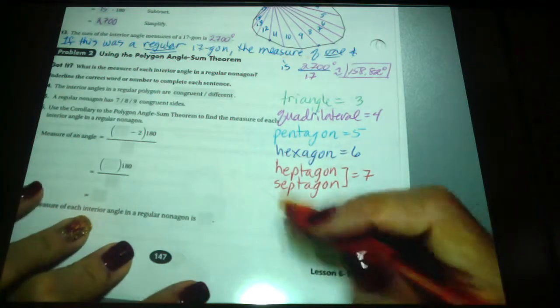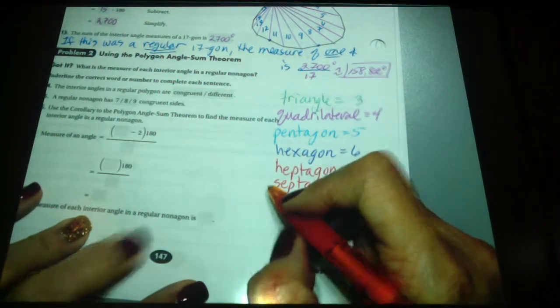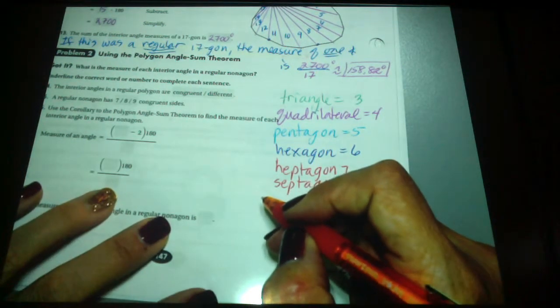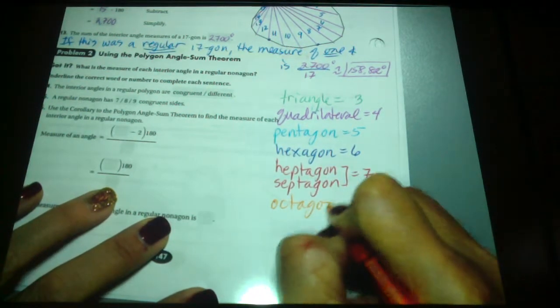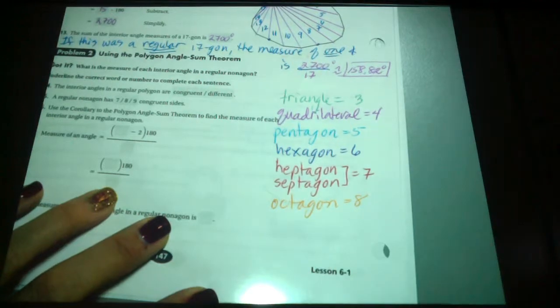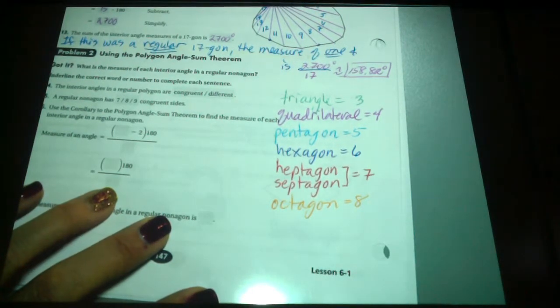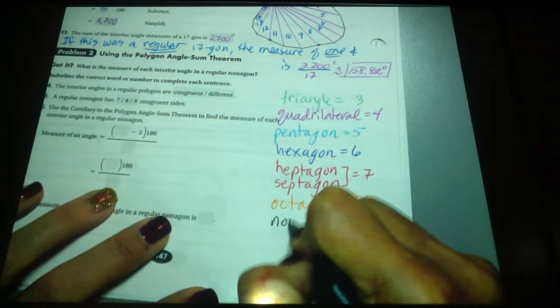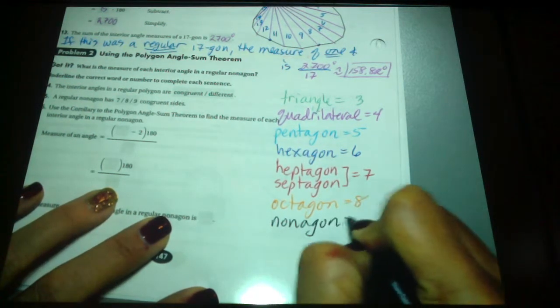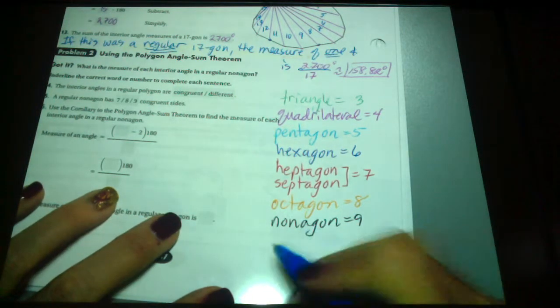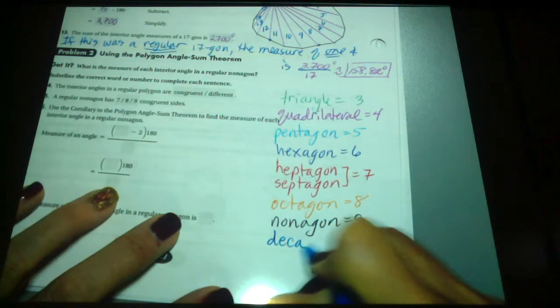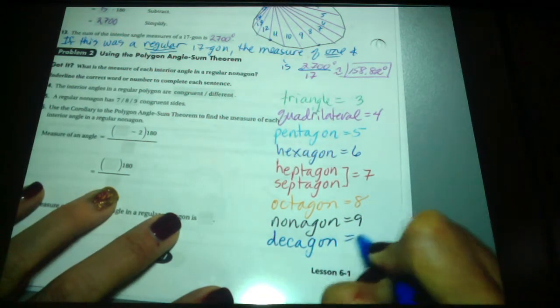And then 8 sides, which is, can't call it a stop sign. So octagon. But you are right, that is a stop sign. And then what's 9? Nonagon is equal to 9. And then what did we say 10 was? Deca with a C. Decagon equals 10.